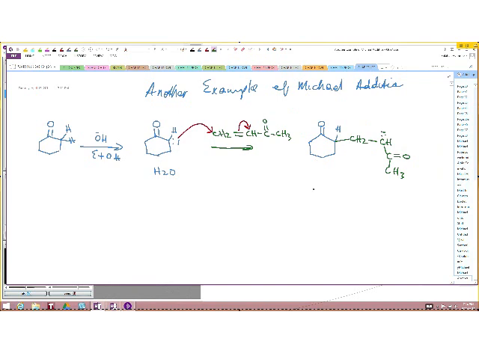Okay, and at this point, what do I do? I now add the dilute acid to protonate this enolate here. It will come and grab the proton, and this releases electron to oxygen, and then I have this is still here, this is here, this is here.